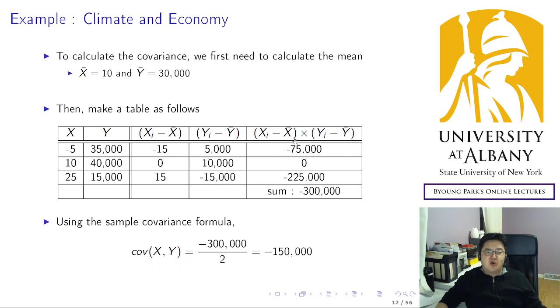To be more rigorous, we calculate the average. But one tricky point is that the denominator is n-1, not the sample size. So even though we have 3 observations, the denominator is only 2. That's very annoying, but that's the rule, so I cannot change that.